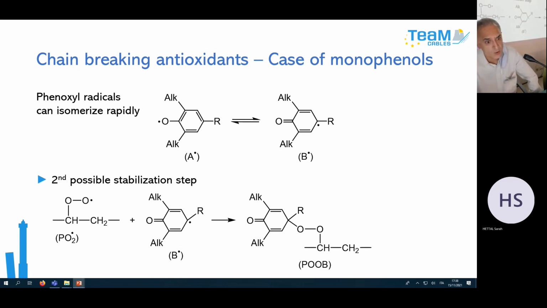It cannot abstract a hydrogen atom from a polymer chain, but in contrast, it can react with a peroxy radical to give a second stabilization step. So it is considered in the literature that this radical can also stabilize the polymer against oxidation. In fact, it grafts on the polymer structure.